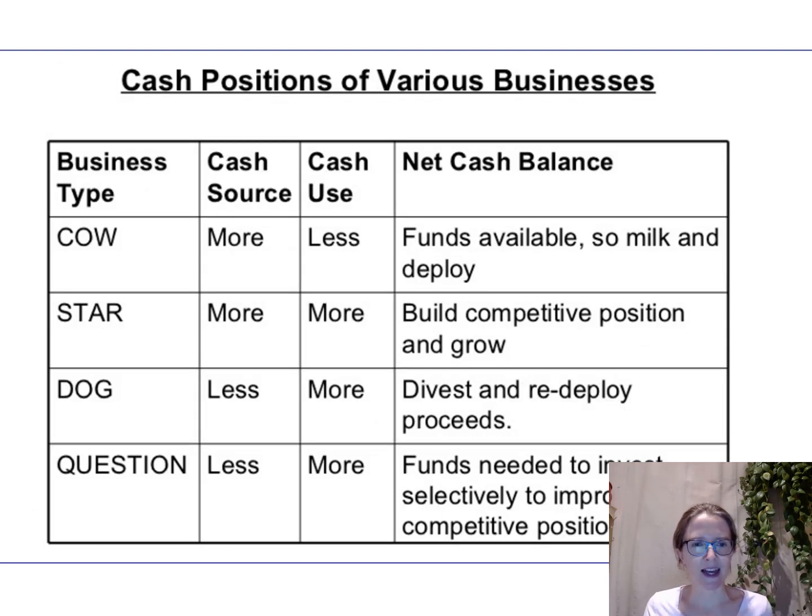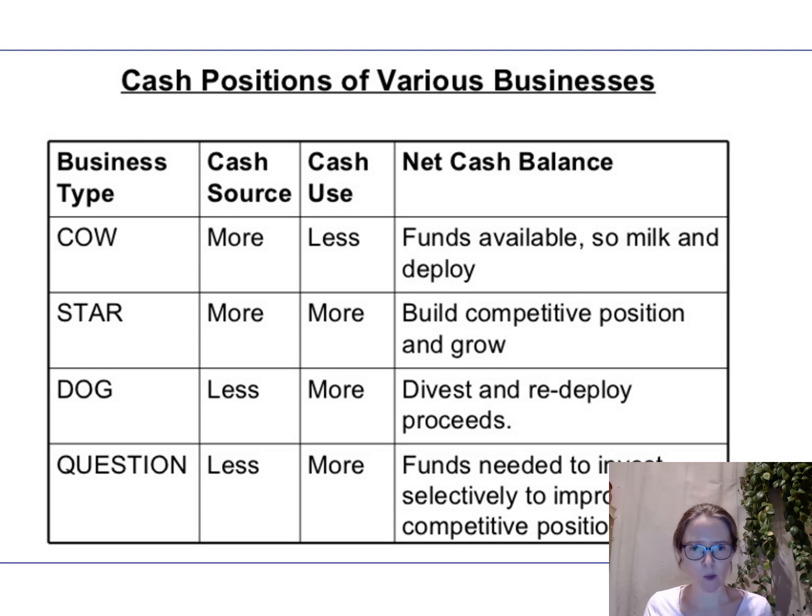So as we can see here, we've got cows, stars, dogs and question marks, and we look at in terms of how much cash source is available, how much cash use, and then what the net cash balance is. So cash source is more for the cows, but cash use is less, and therefore let's milk and deploy because there are funds available.